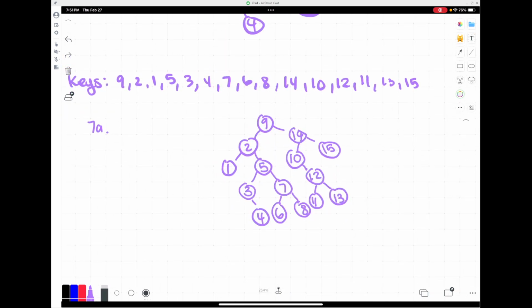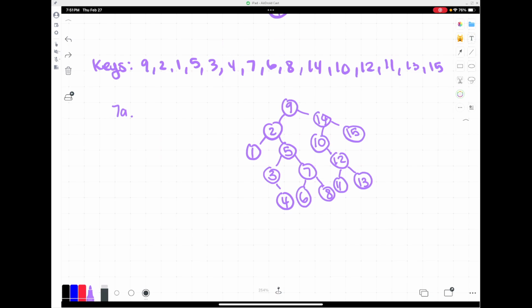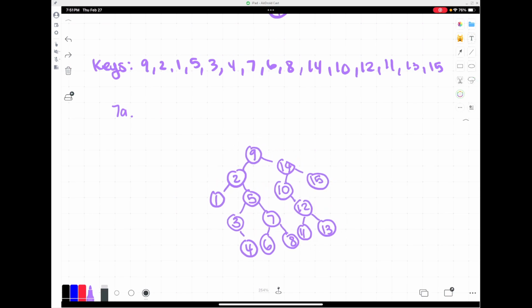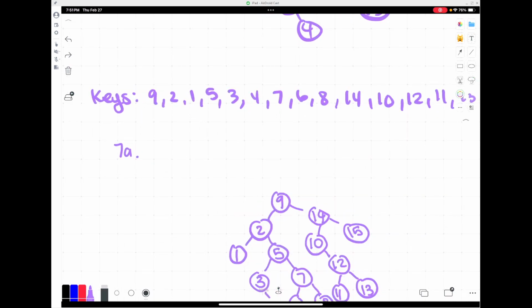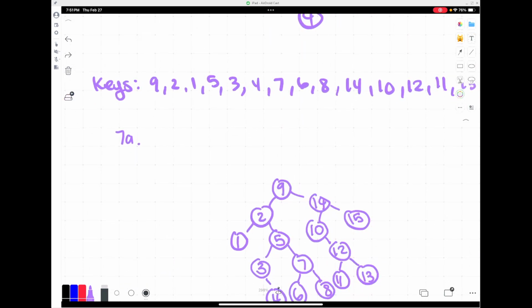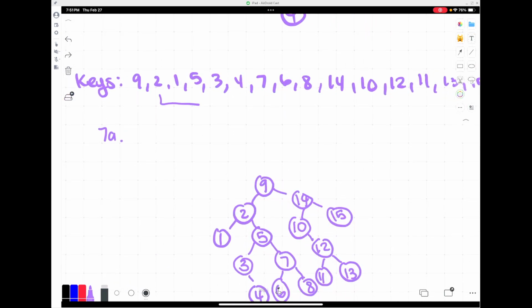Okay, I just realized that I kind of skipped a step that would help better understand why I'm placing things the way they are. So if we look at the keys, there's going to be a left-hand side and a right-hand side.